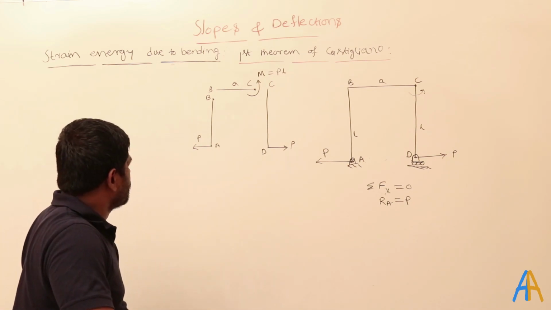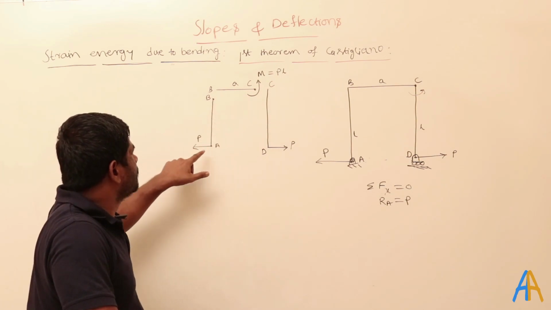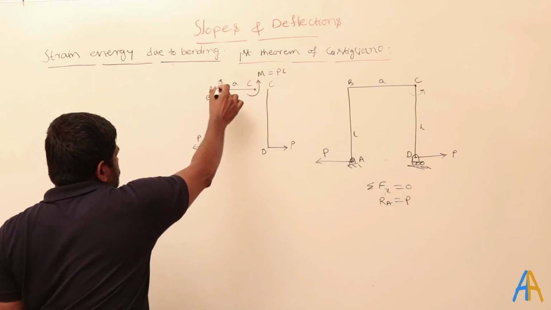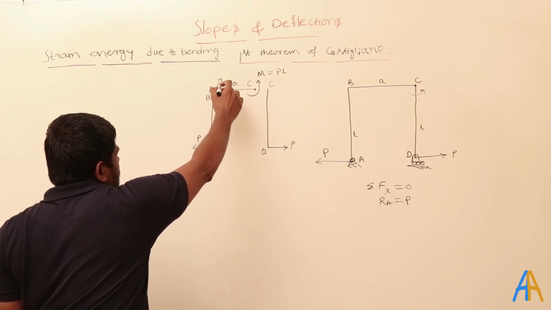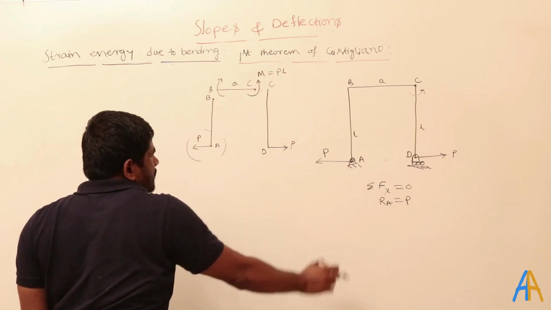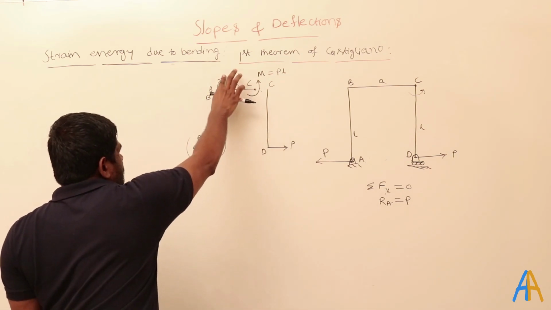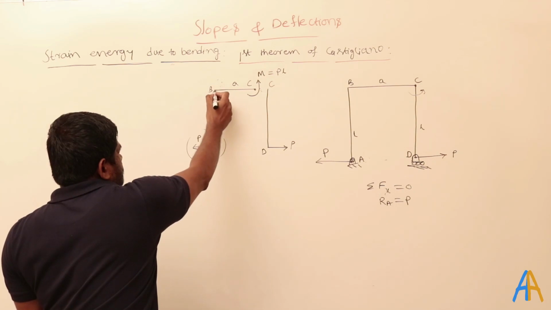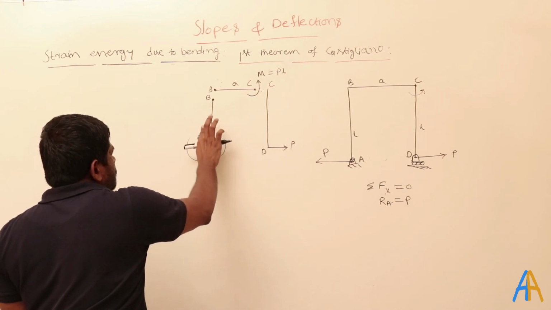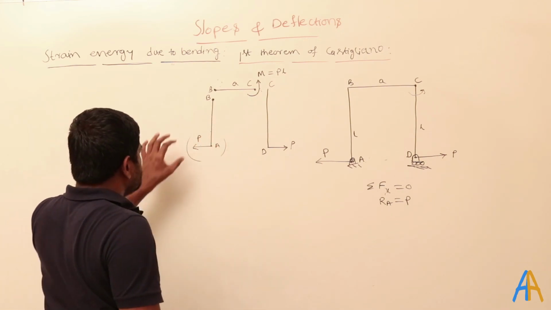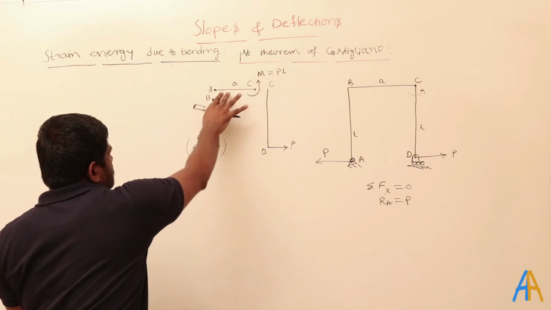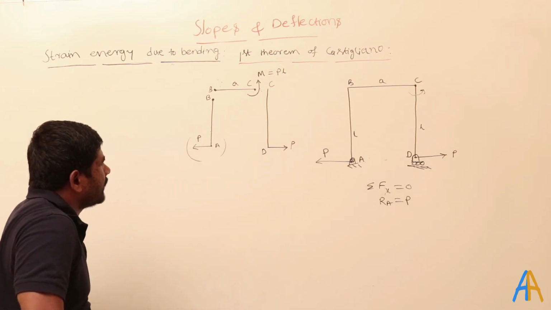Because of this moment only, the force is transferred to A. You may think that since M is acting, there should be an equal amount of M here. If you keep an equal amount of M here, opposing this, then the force P is not produced at A. That means here itself it will be in equilibrium, compensated. But the moment at point C is transferred and converted into the reactionary force P here. So AB and DC look identical, and BC is different. So I want to find out Y_D.